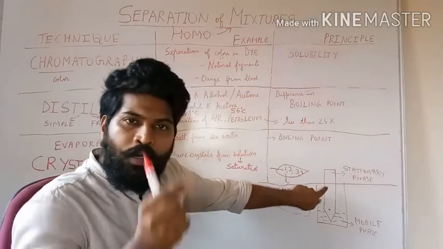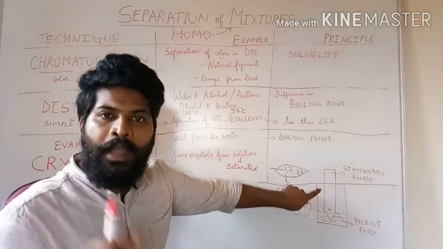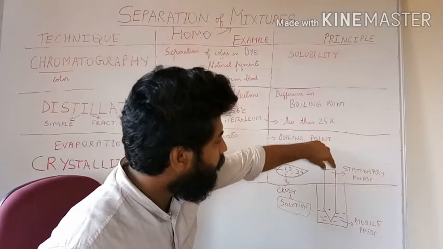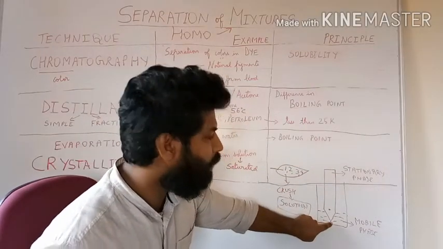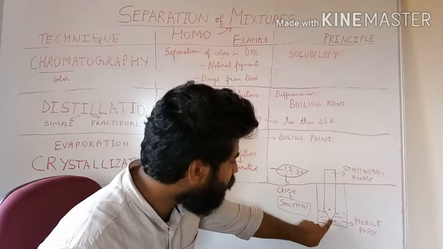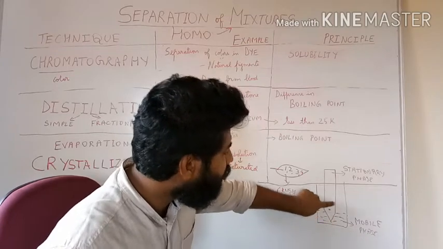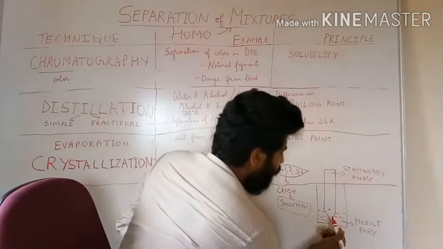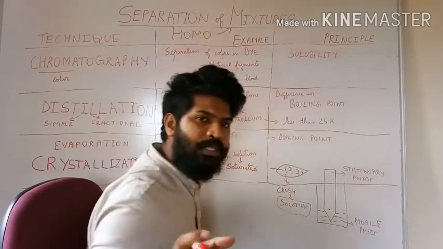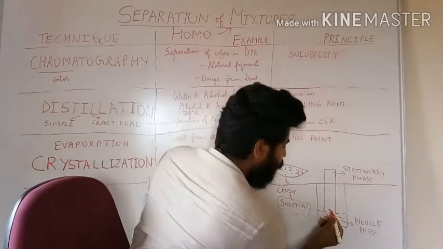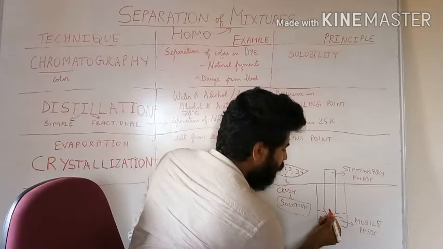The paper has small fibers called capillaries. When we dip the paper into this mobile phase, the solvent will start rising through the paper uniformly. When the solvent rises through the paper, which you will see in the activity, it will carry along with it this spot also.